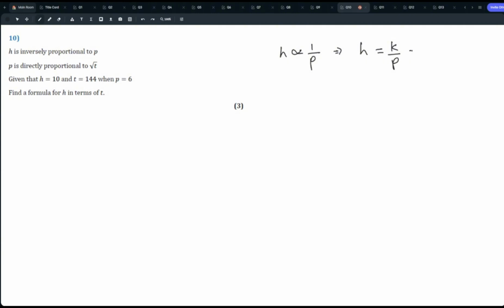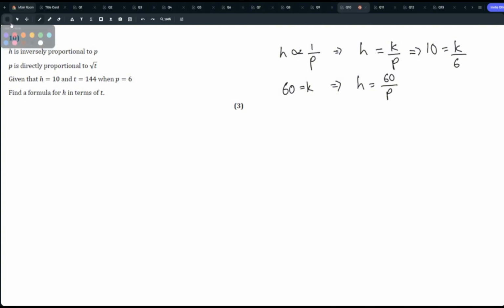So I can work out the value of K by inserting the values: H is 10, K I'll leave alone because that's what I'm trying to find, and P is 6. Multiply the 6 by 10, and this is K. That means our formula for H is equal to 60 over P.